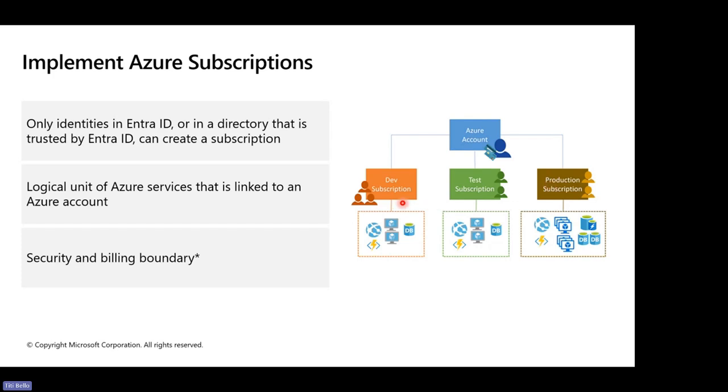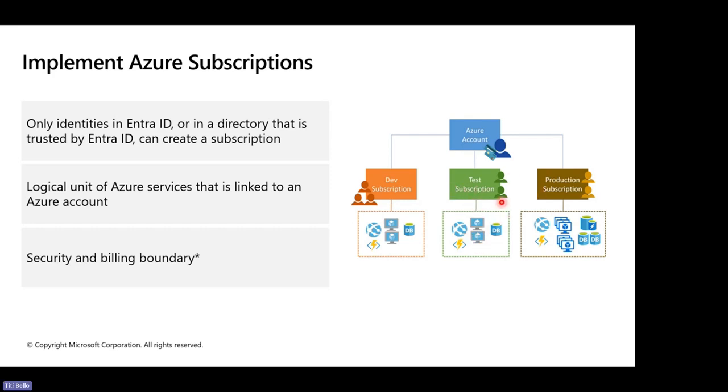If you have developers in an environment, you might have a subscription that your development team uses to develop their applications, their solution, the software. Then when they finish development, they can roll it to another subscription called the test subscription, where test users can log in and test the function of the application that has been deployed in that environment.